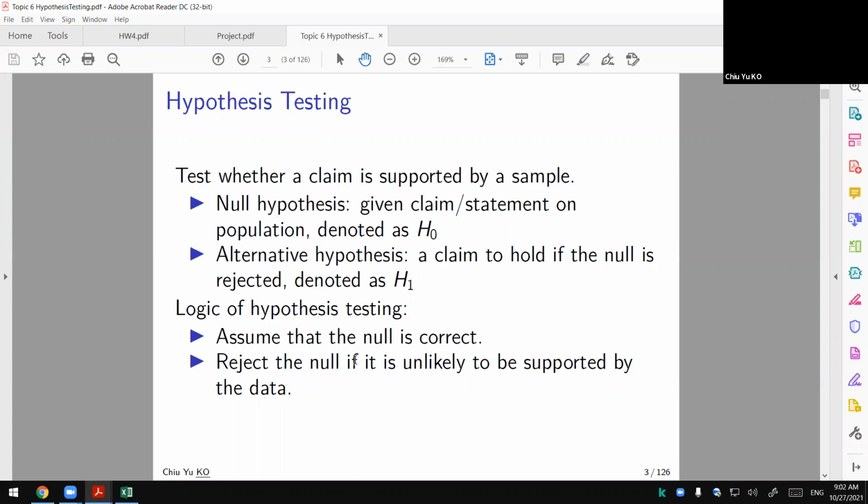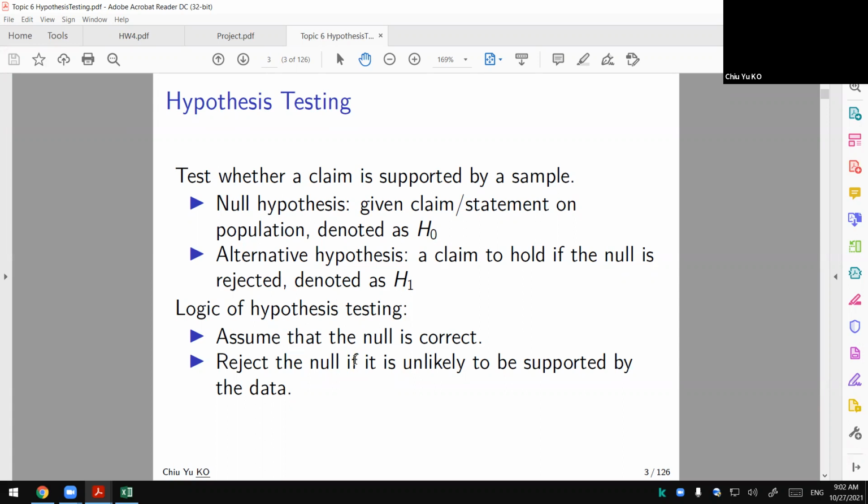And the alternative will be that it is not equal to 5 kg, or more or less. It depends on how you define it, but you will see the alternative and the null are mutually exclusive. They're not necessarily exhaustive, but must be mutually exclusive, right? So you want to see whether the null is correct. So the overall idea is we will assume the null is correct, okay?